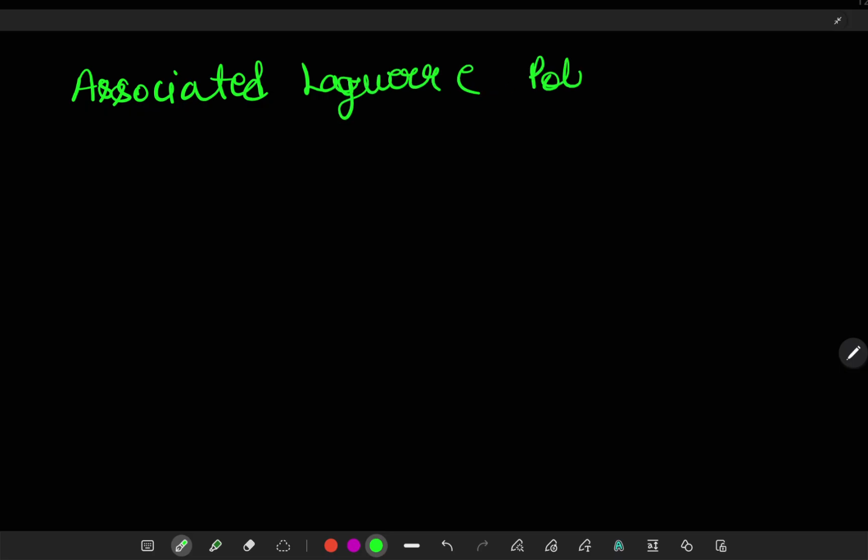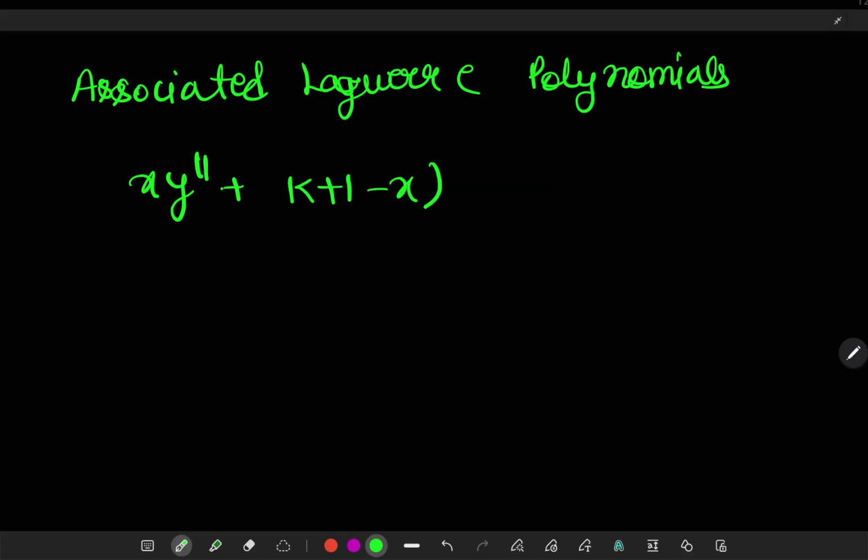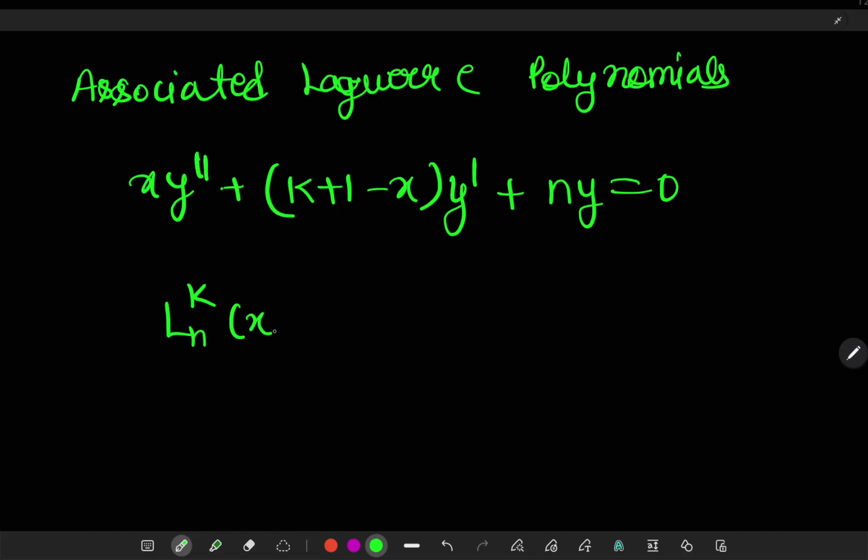Now, the final special function is the associated Laguerre polynomial. This is the differential equation of the associated Laguerre polynomial, and this is the Rodrigues formula.